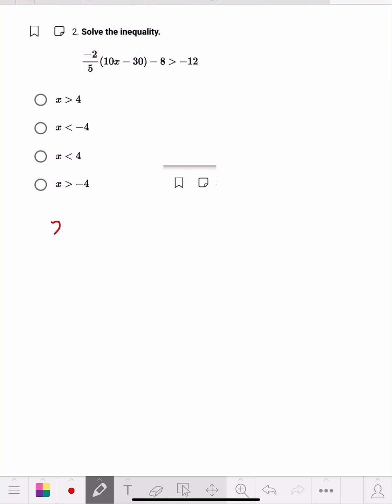So we get 2, oops, that's a negative, is greater than.